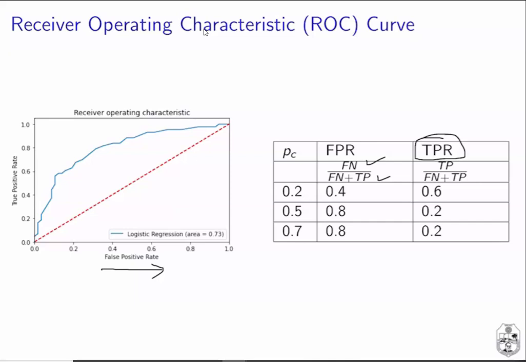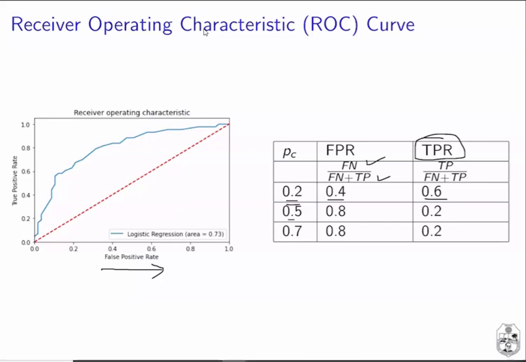With this, we have got different FPR and different TPR. For the critical value 0.2, FPR is 0.4 and TPR is 0.6. With critical value 0.5, FPR is 0.8 and TPR is 0.2. With critical value 0.7, you will get FPR of 0.8 and TPR of 0.2.